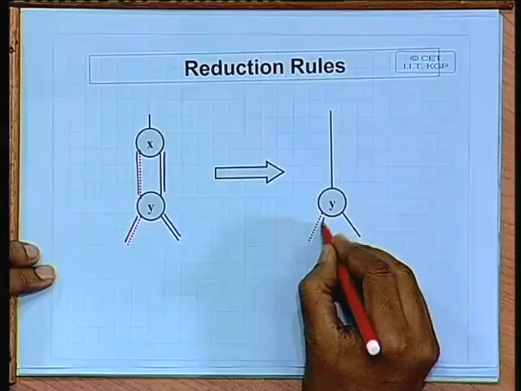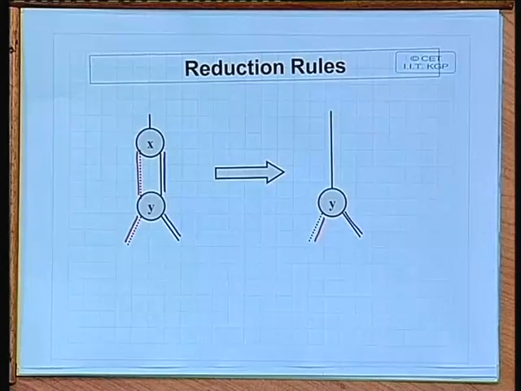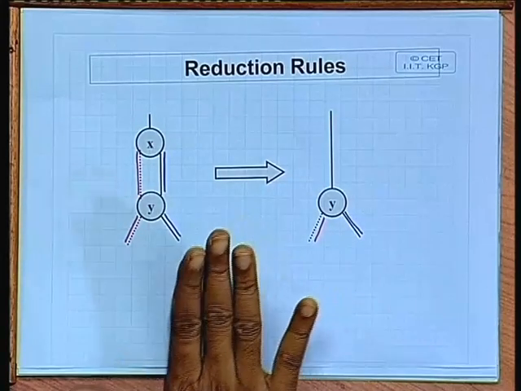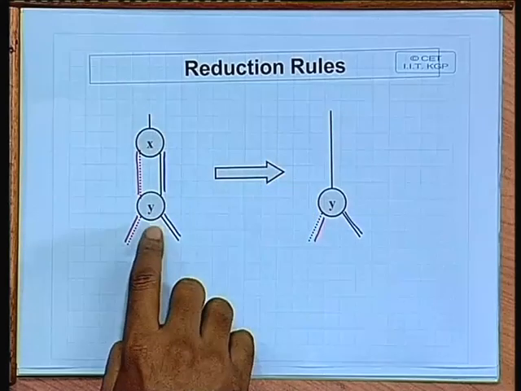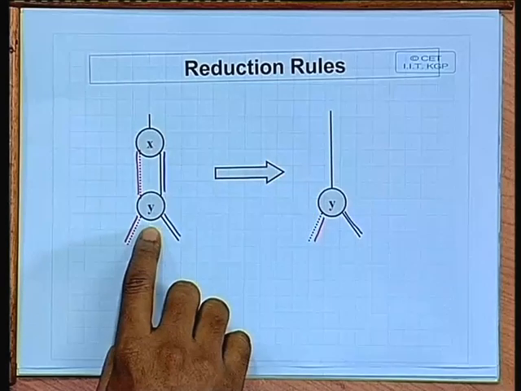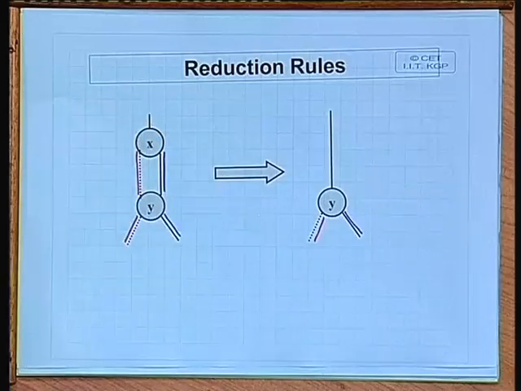Whatever is the value of x, you will come to here. So after reduction you can omit x and you can have only this node y. Fine. So this is one reduction rule. If from a node both the arcs lead to the same successor, you can omit that node.